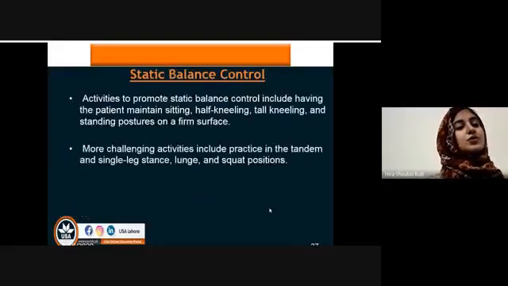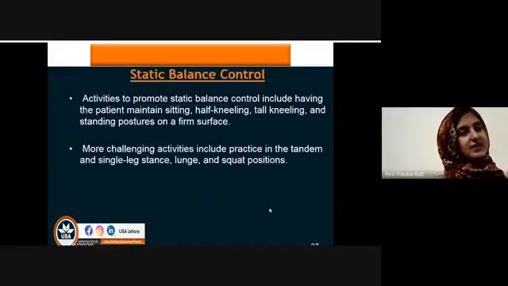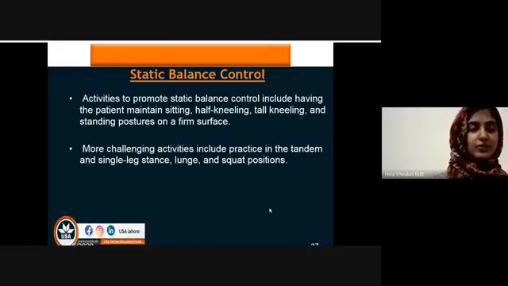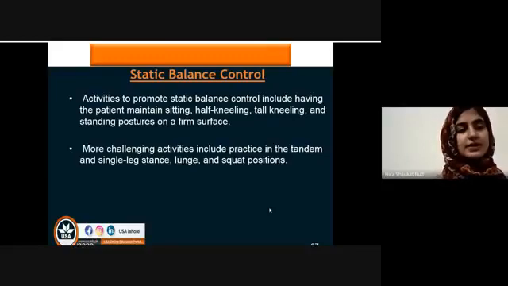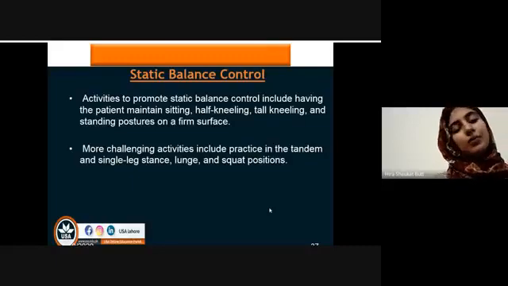All right. So always remember, there are some specific exercises through which we can re-educate the patient. We can help them relearn balance control. Always remember that the procedures of the tests that we have discussed in the assessment portion can be incorporated in the form of exercises.